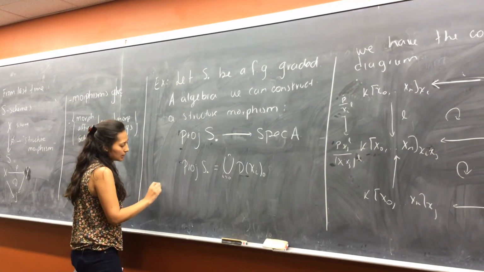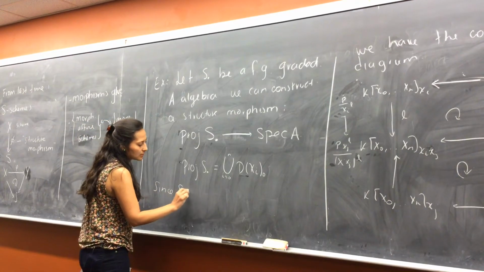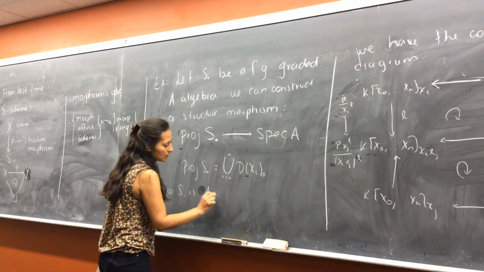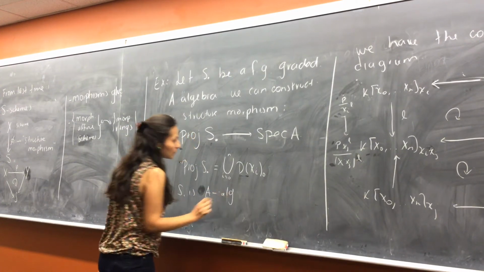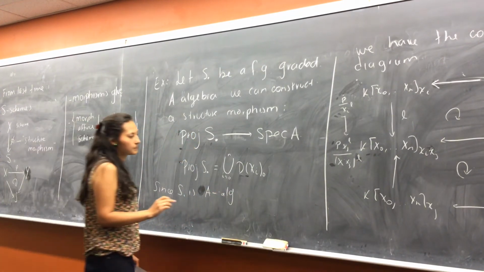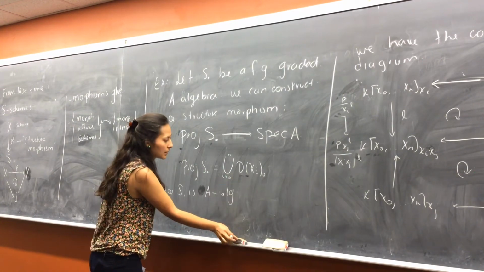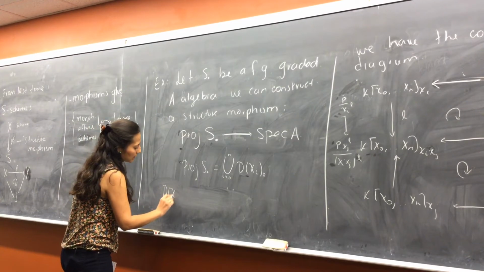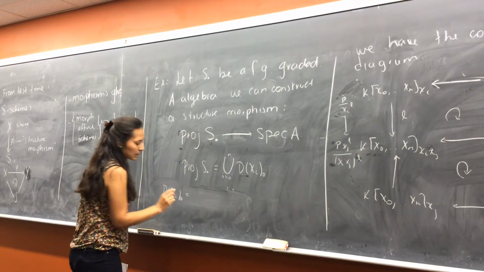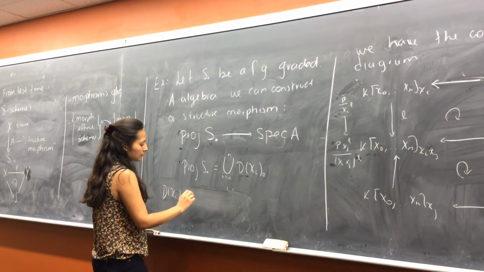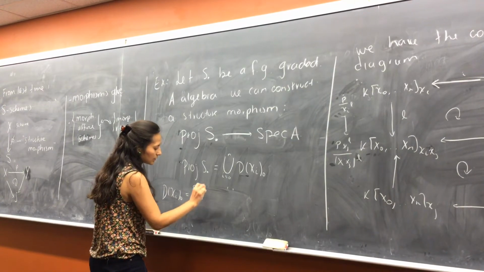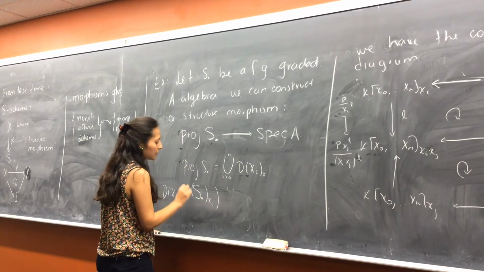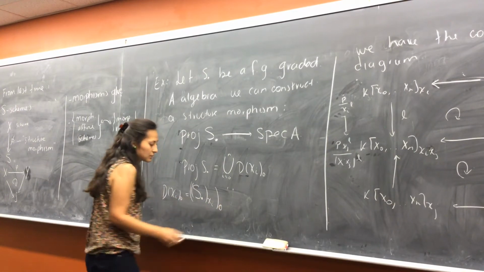All right, so to do that, since S is an A-algebra, we have a map. Let me just write what these D_+(x_i) are. D_+(x_i) is the same notion as before, but we're thinking on the ring: it is Spec of S localized at x_i, and then we are taking the degree 0 part of that localization.